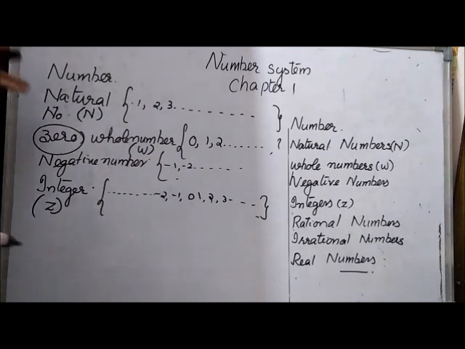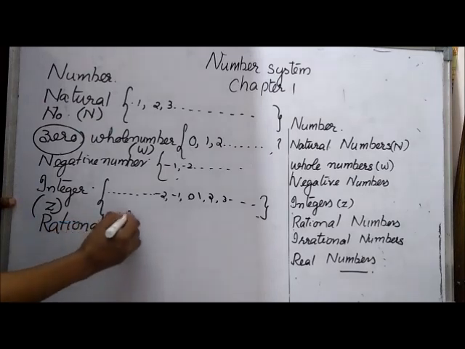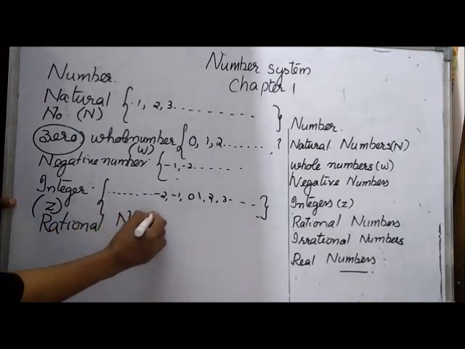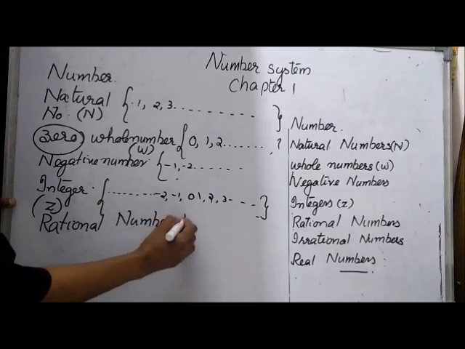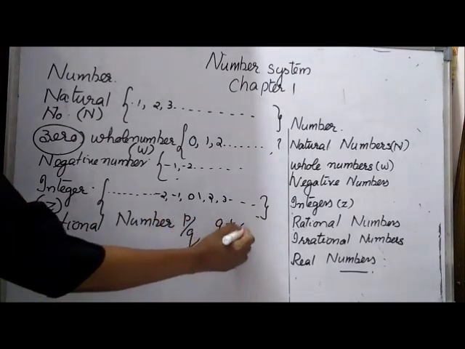Now next is rational number. Here we have also learned fractions and decimals. So the new number system is our rational numbers. Rational numbers means numbers which are written in the form of P by Q and Q not equal to 0.